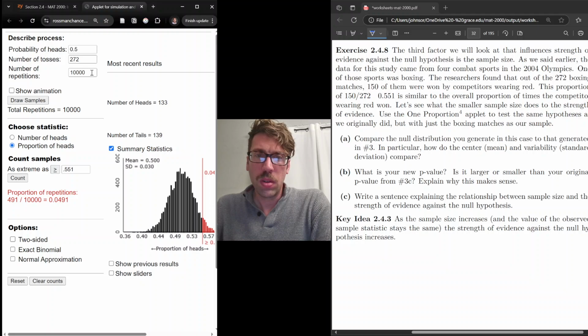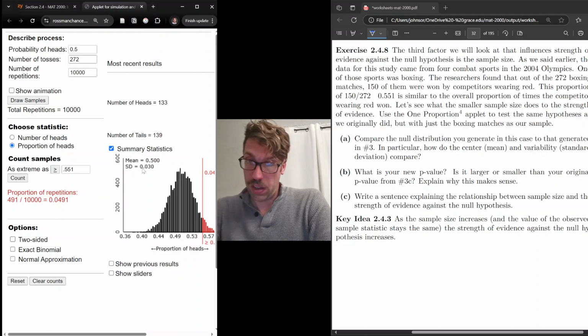So then compare the null distribution generated in this case to the one generated in number 3. So you should have written down the mean and standard deviation from the last one. And so the mean and standard deviation, compare that to this one. So the mean should not have changed that much, but you should pay attention to how the standard deviation changed.